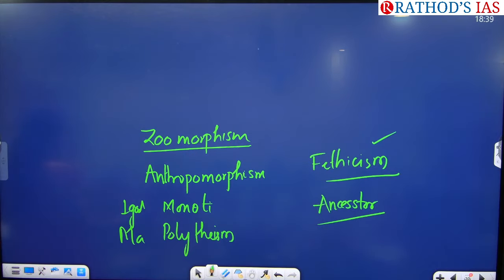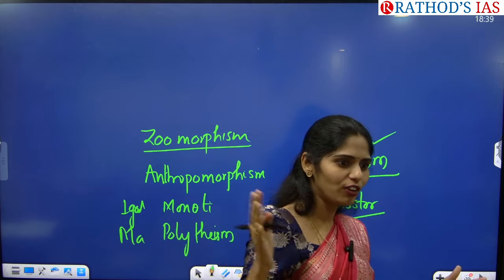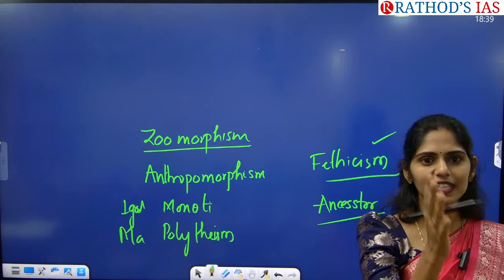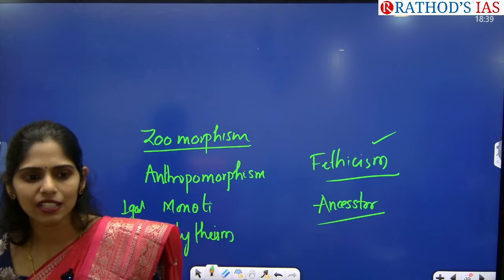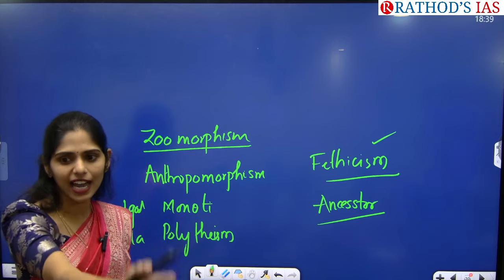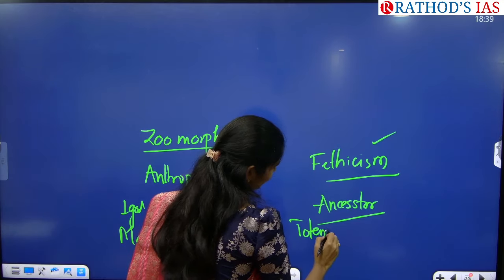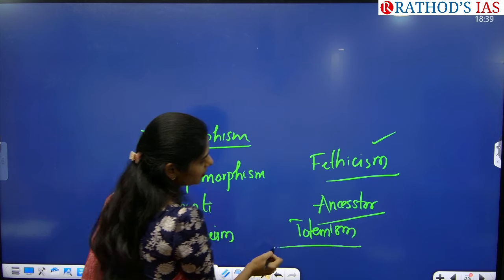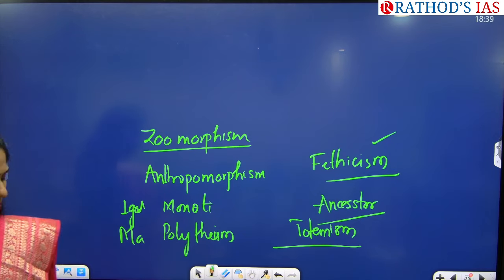They believe like that because those people live in tribes in the forest, right? So in the forest, they believe that such and such animal is their ancestor. If they are worshipping any animal or plant as their ancestor, that concept is called totemism. Okay, totemism. So these are the concepts.